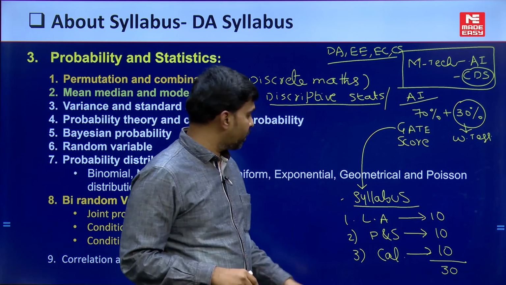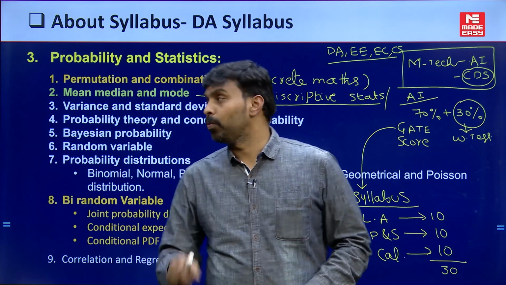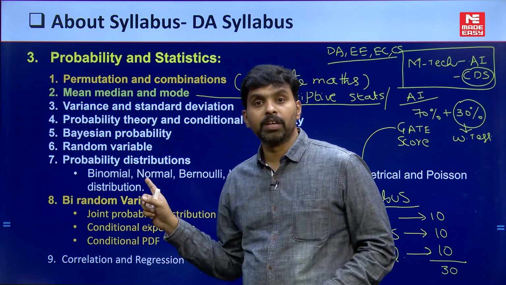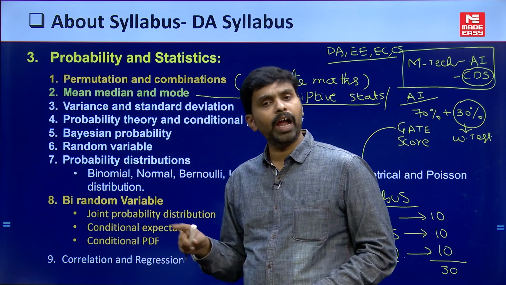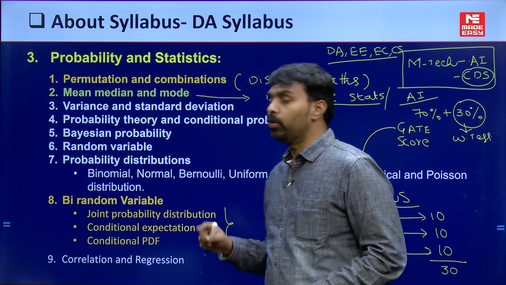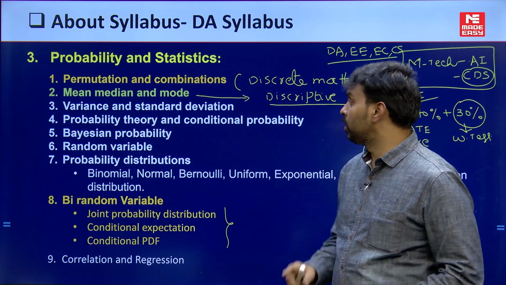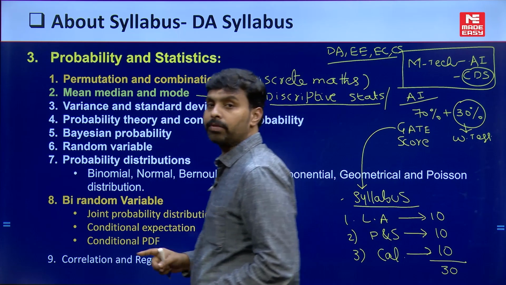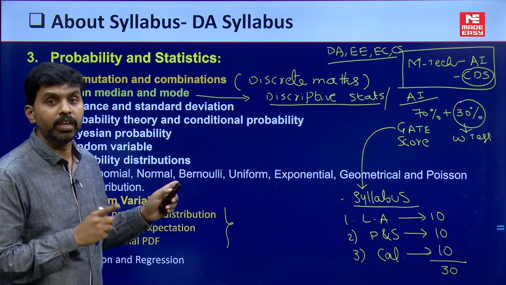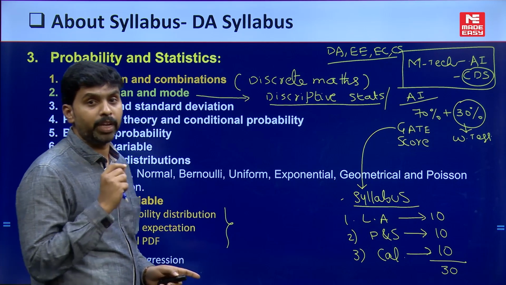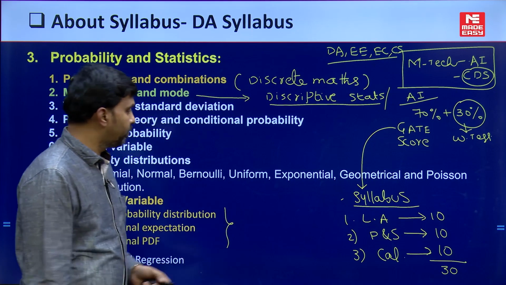So you have to understand the importance of these topics for the DA paper, and soon I am going to tell you about the weightage also. But as I told you, for the MTech AI paper, mathematics plays a very important role.